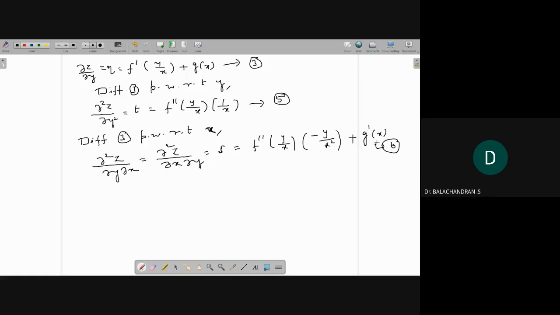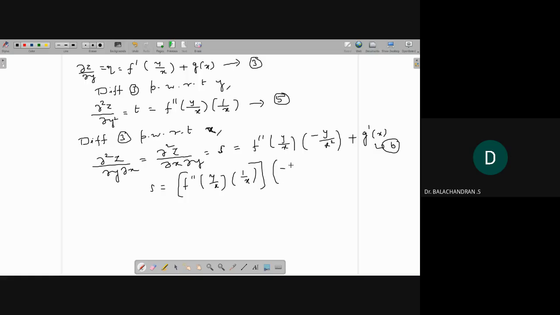Now I am going to use equation 5 in 6 here. So s is equal to f double dash of y by x into 1 by x. I just wrote the right hand side of 5. Into what is the remaining here? f double dash of y by x into 1 by x is here.